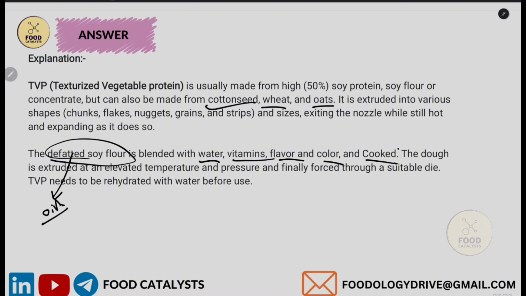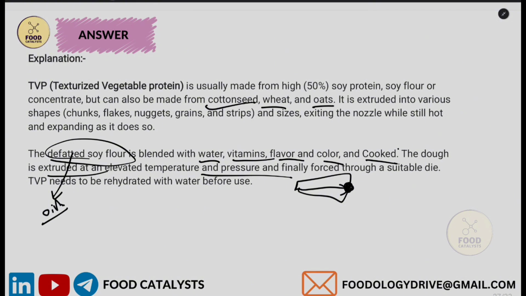Once it is cooked properly, we extrude it using an instrument called an extruder. At an elevated temperature and pressure, we finally force the food through a die. For example, the soya nuggets which we get in the markets are formed from a die. By compressing the cooked food into the die, it creates small pieces.